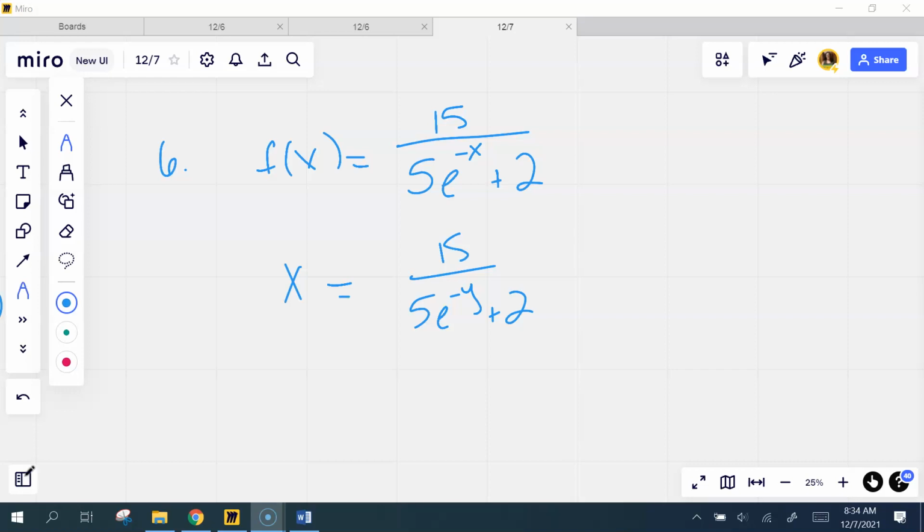I switched x and y because that's how you find an inverse. Oh, yeah, I'm doing the same thing. That's what I did. You just switched your x and y at the end instead of at the beginning. You solved it for x.